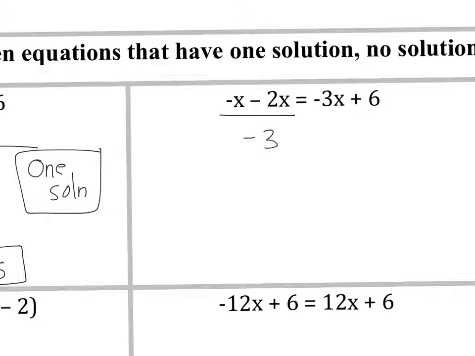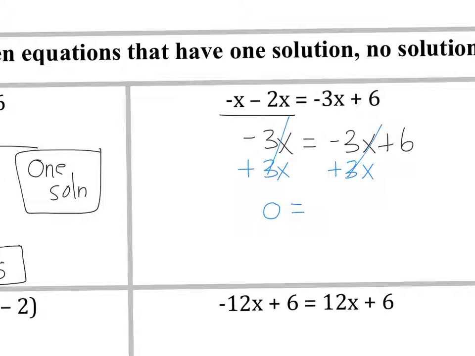So I have negative 3x equals negative 3x plus 6. I'm going to add 3x. So this cancels out. This cancels out, and I have 0 equals 6. So when you have both things canceled out, 0 doesn't equal 6. This is a false statement, so this is no solution.